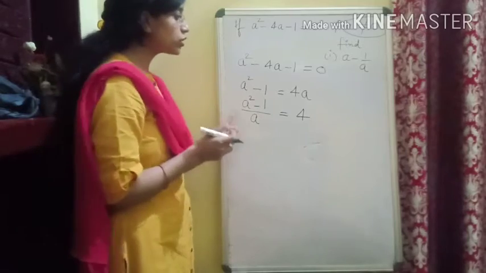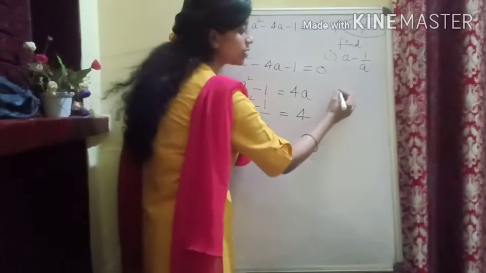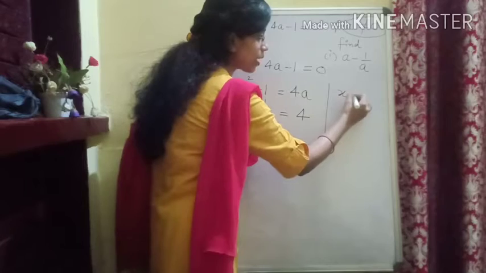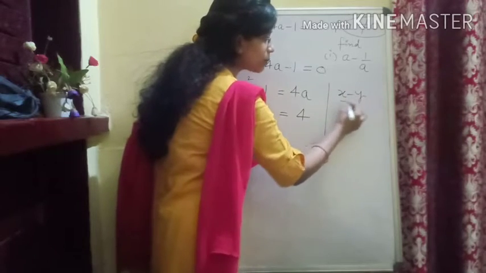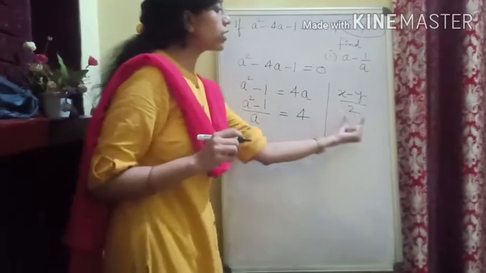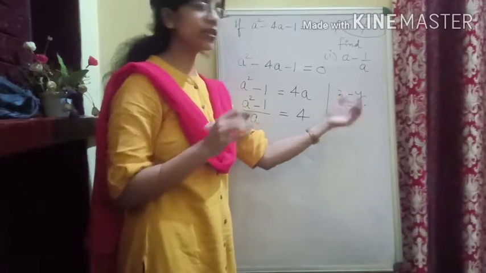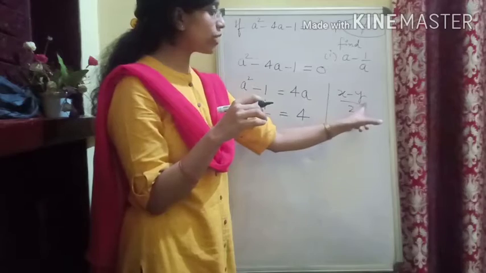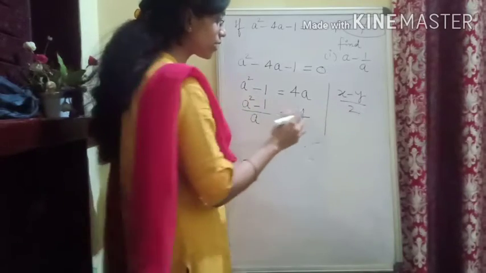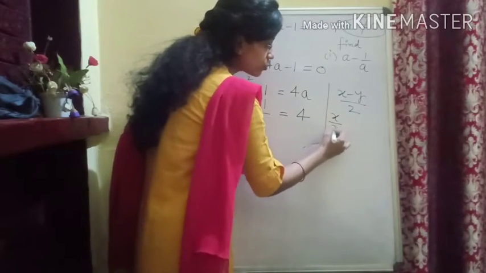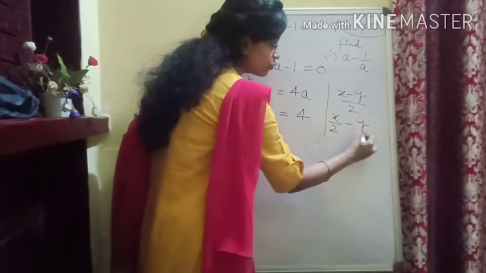Now as we all know, if something is written like x minus y upon 2, this 2 is with divide to both terms, with x as well as y. So can we write it as x upon 2 minus y upon 2?